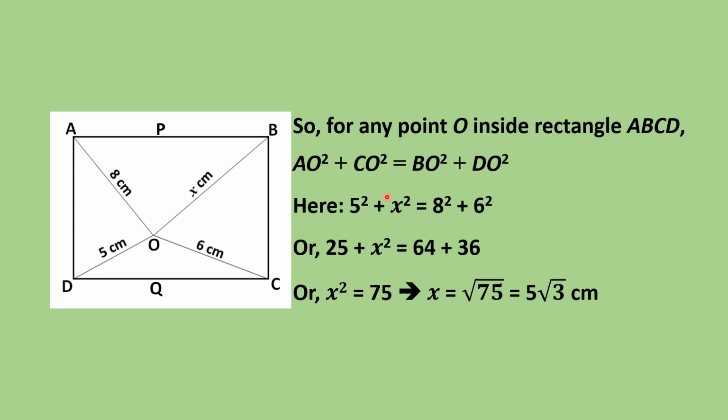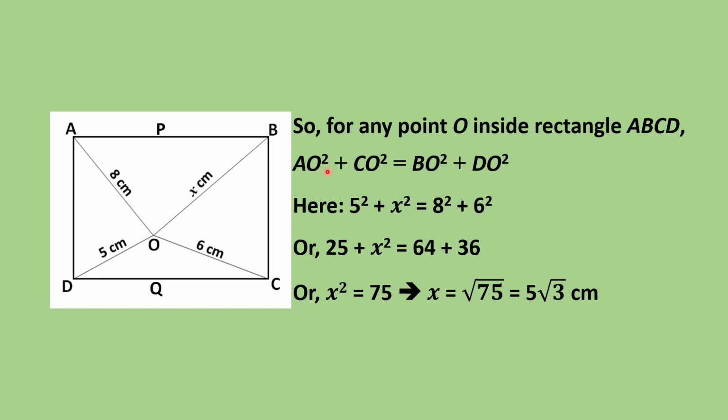That is 5 square will be 25, 8 square 64, 6 square 36. 64 and 36 will be 100, and we will transpose 25 to the other side, you will get 75. So x square is 75, x is square root of 75, that is 5 root 3 centimeters.